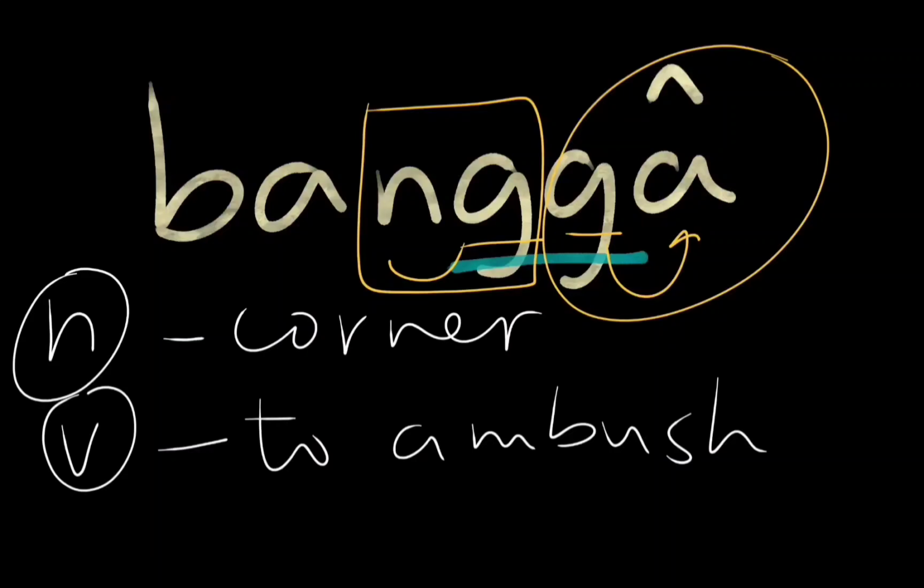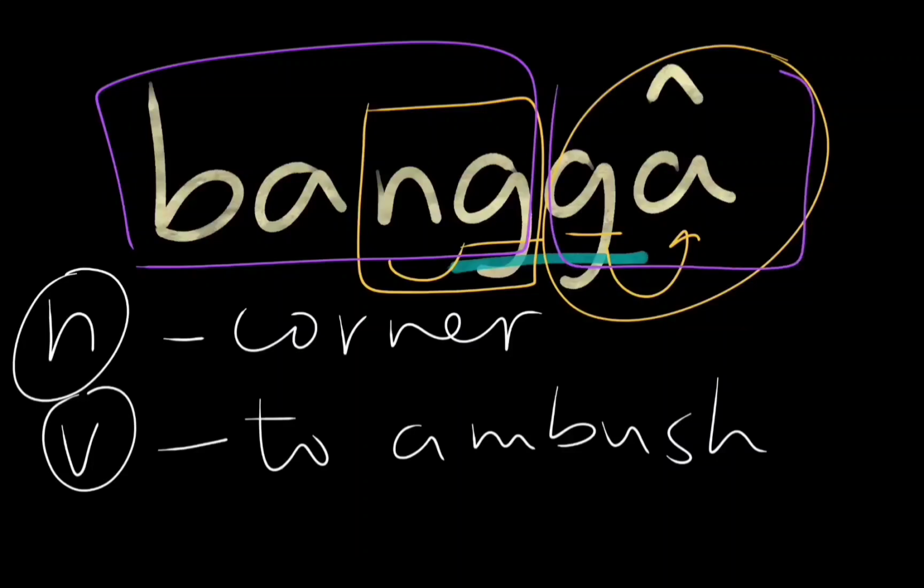Also, the word bangga has two syllables, bang and ga. Clearly, the first G belongs in this syllable, whereas the second G belongs in the second syllable. And as a result, they are sounded differently. Bang, ga, bangga.